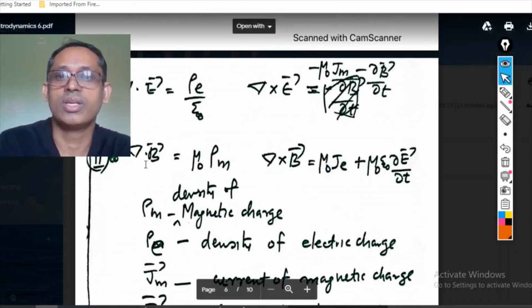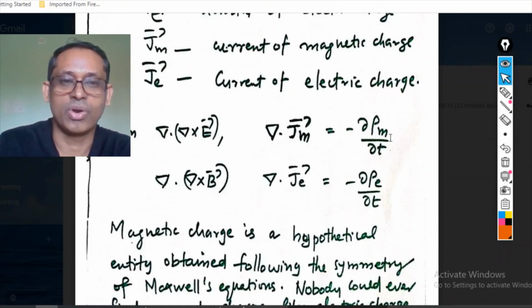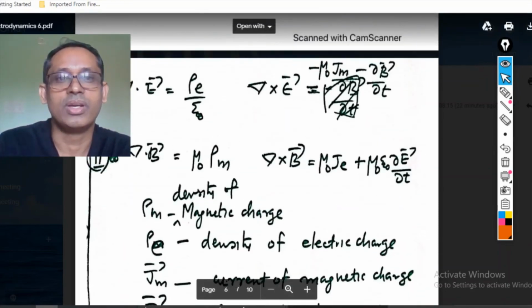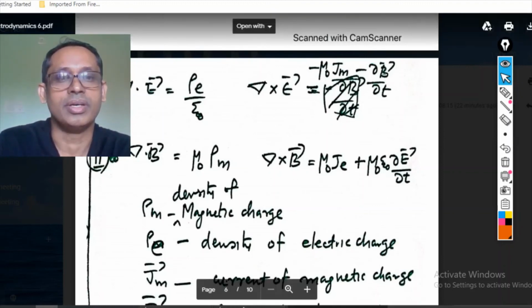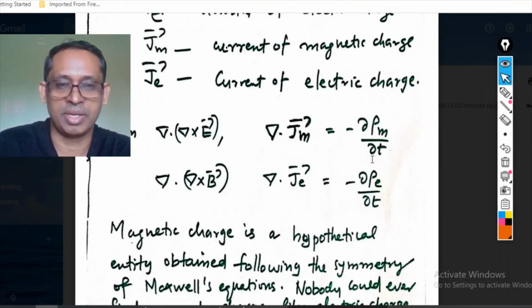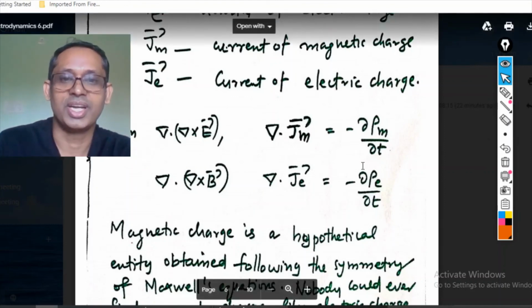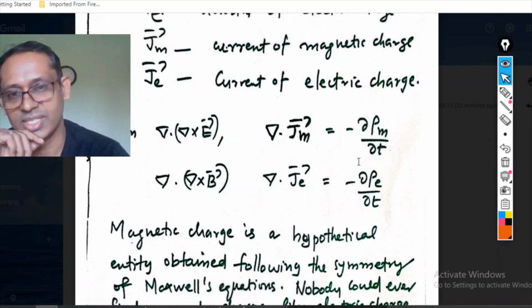If you take del dot del cross E, you will get del dot Jm equal to minus dou by dou t of rho m, because del dot del cross B, here you will have del dot B, that is equal to mu 0 rho m, and from that I will get del dot Jm equal to minus dou rho m by dou t, which is the continuity equation for magnetic charge density.